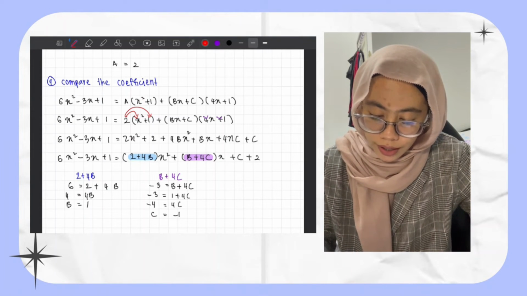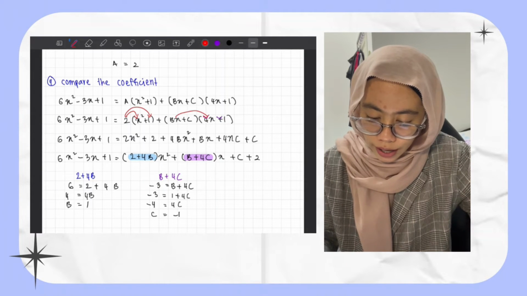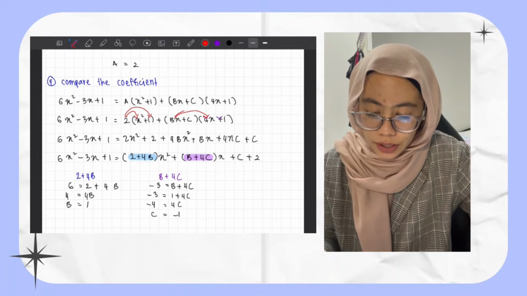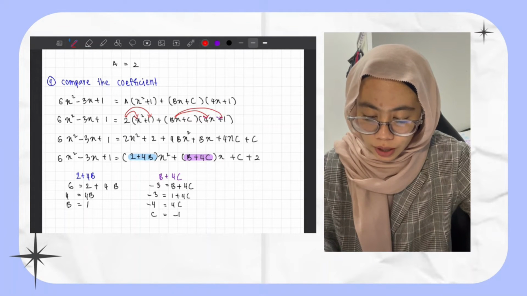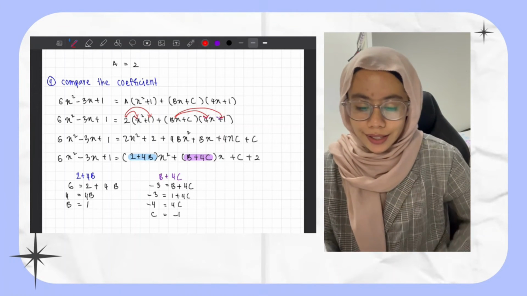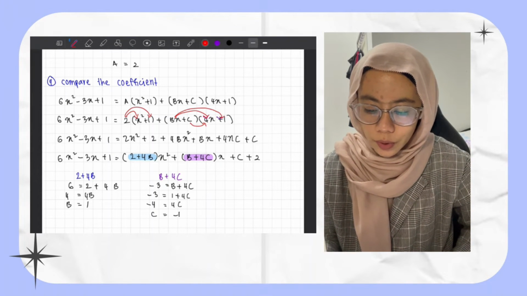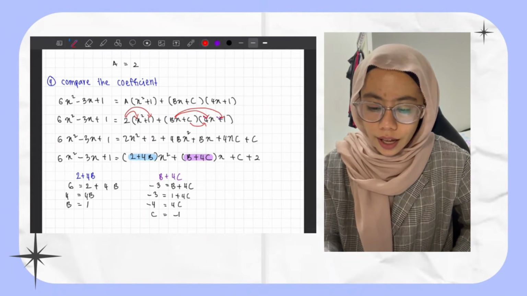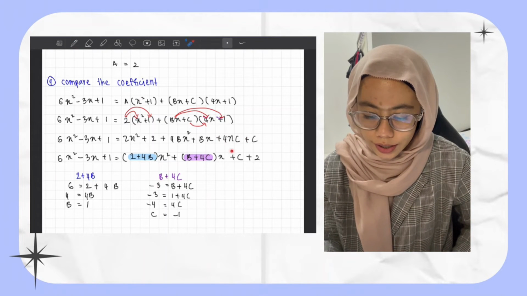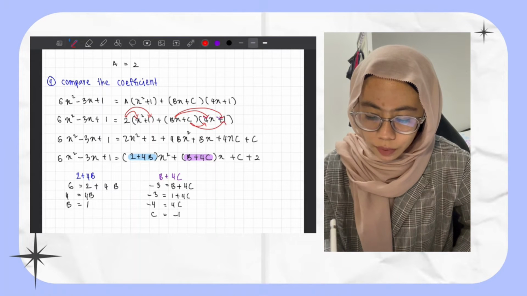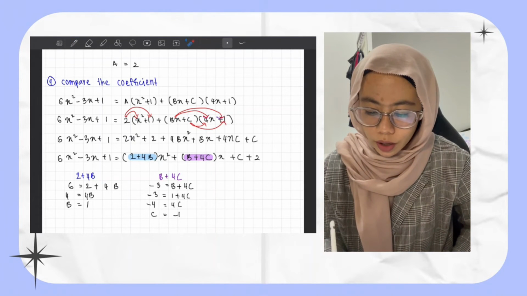So bx multiplied by 4x, we get 4bx power 2. Bx multiplied by plus 1, we get bx. C multiplied by 4x, we get 4cx, and c multiplied by 1, we get c.